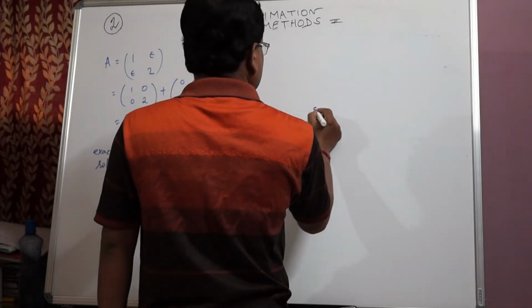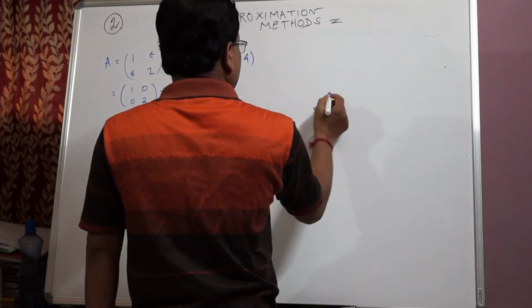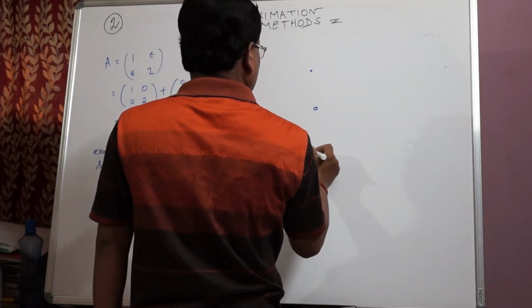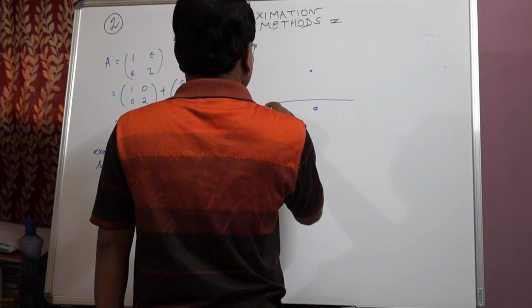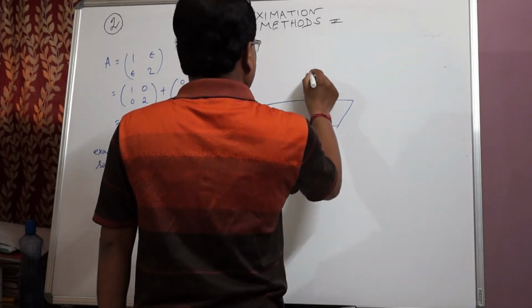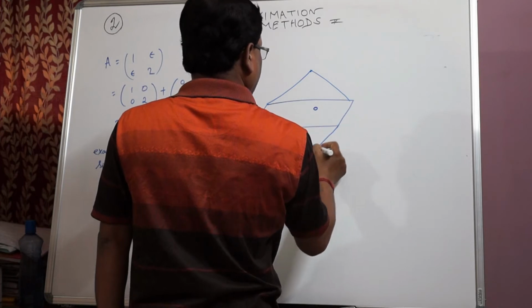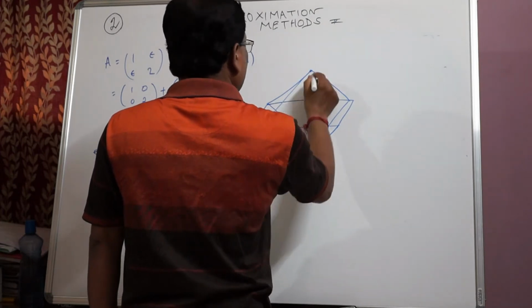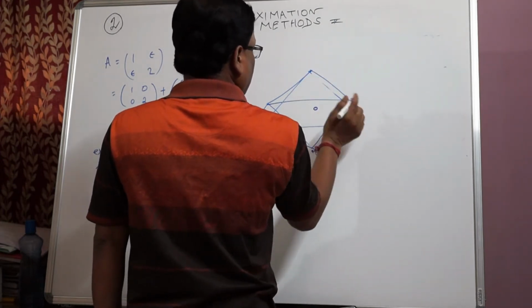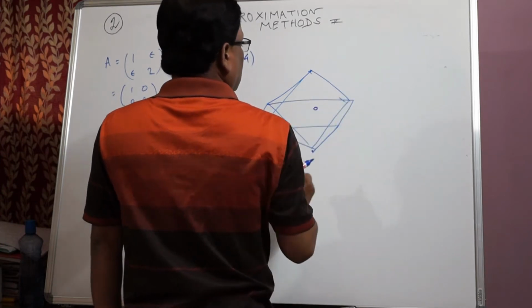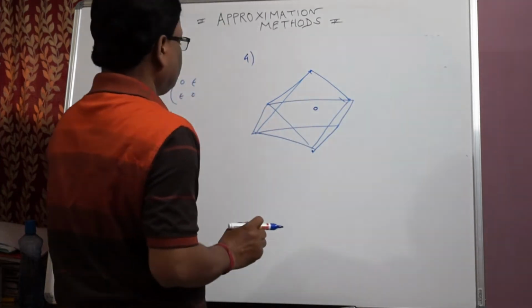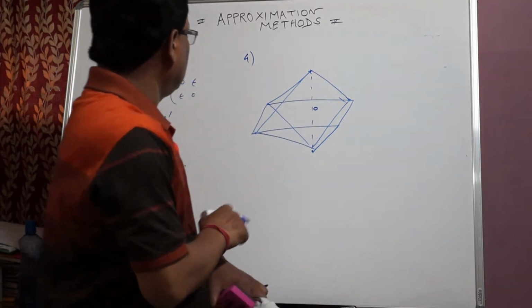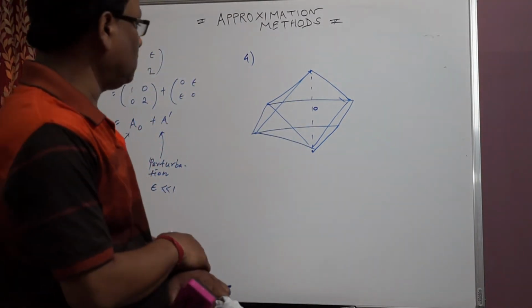So here is a magnetic atom in an octahedral coordination.